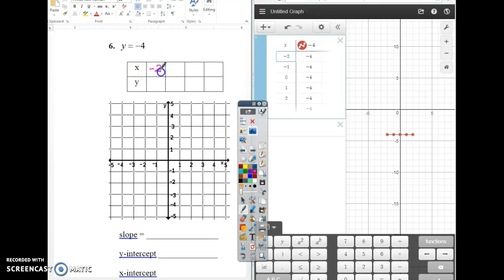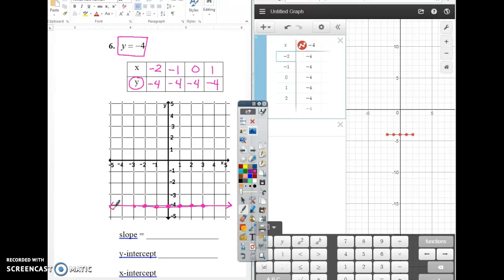That's -2 gives you -4, -1 gives you -4, 0 gives you -4, and 1 gives you -4. Why are all of them -4? Because y equals -4. All of your y's should be -4. Okay? And then we're plotting the points. They should all be at -4. And they form a flat line. What type of slope is that? Look on the word wall.